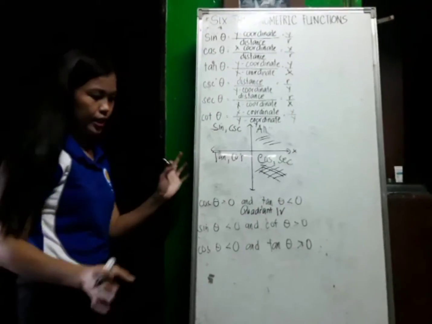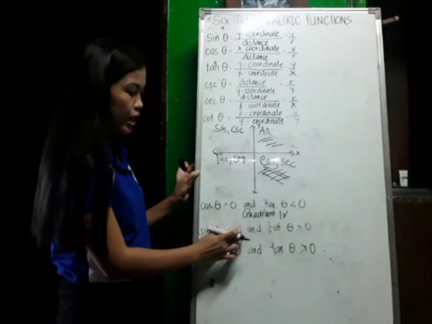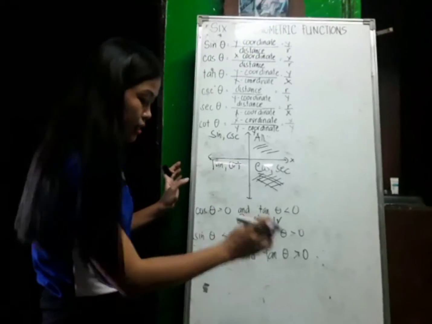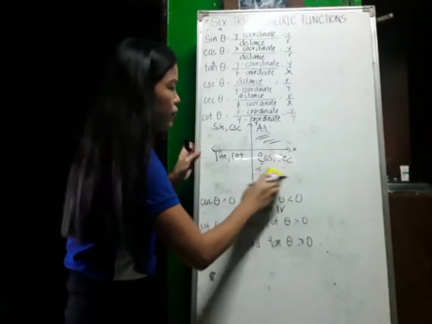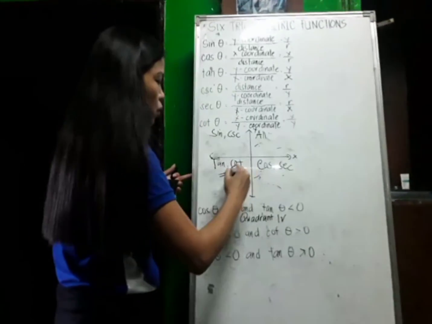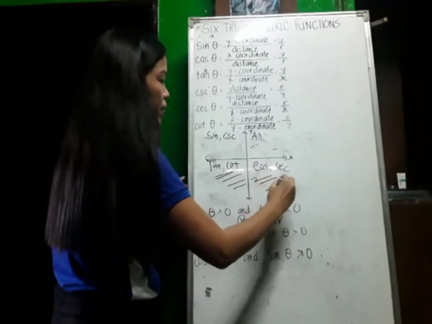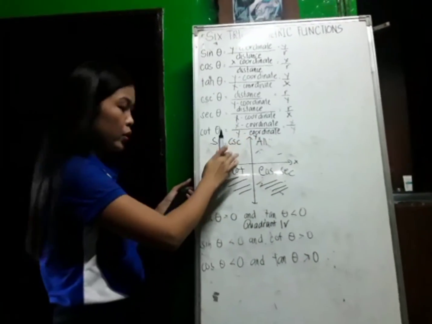Second example. Sine theta is less than 0, meaning it is negative. It is found in quadrant 3 and quadrant 4 because sine is positive in quadrant 1 and quadrant 2.